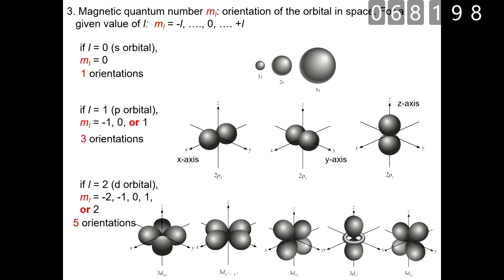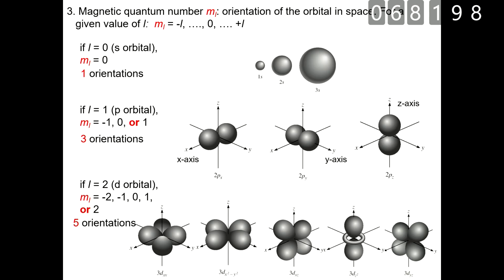So we introduced the first two quantum numbers. The third one is called the magnetic quantum number, ML. The ML can be from minus L to plus L. So what does this mean? This means the number of ML values is decided by what?